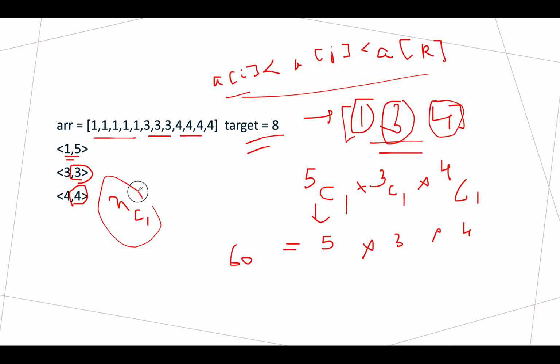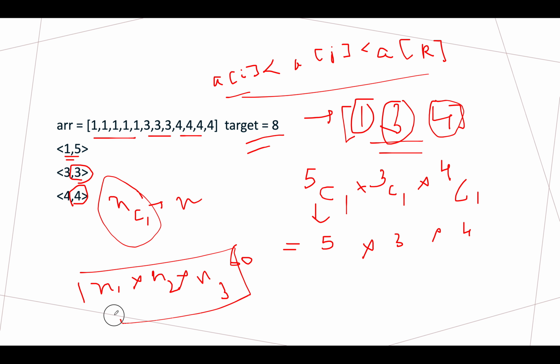So NC1 would be equal to nothing but n itself. So the formula becomes N1 into N2 into N3. Pretty simple. We use the binomial theorem where we use the formula NC1.